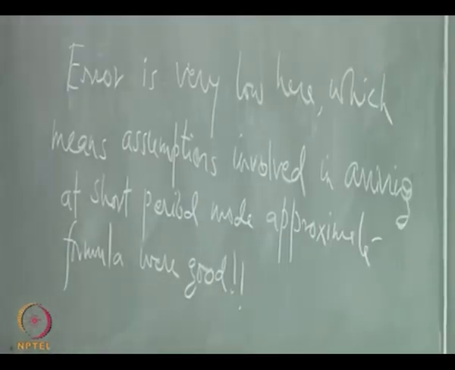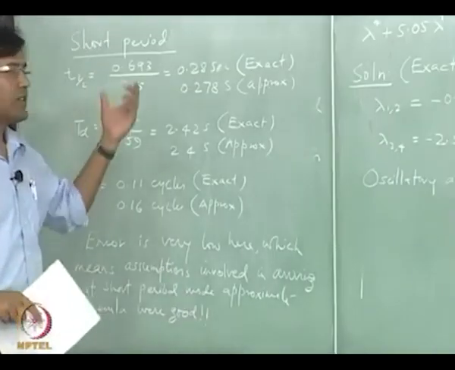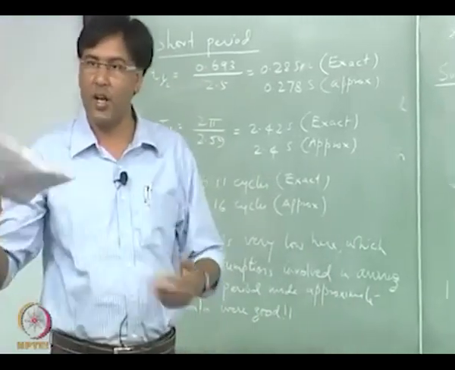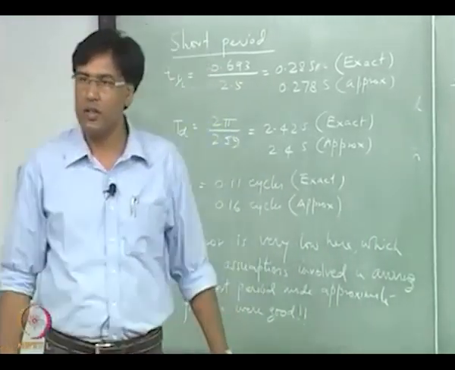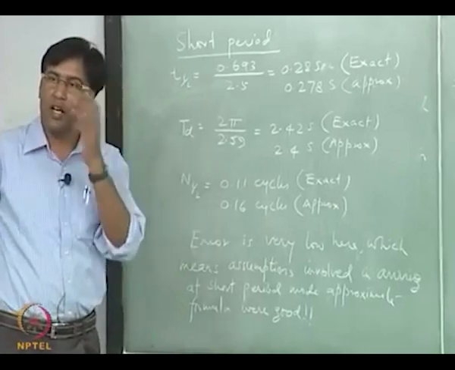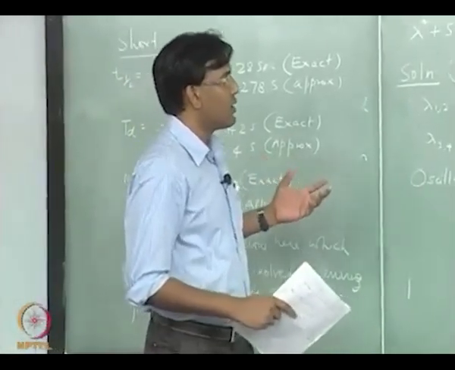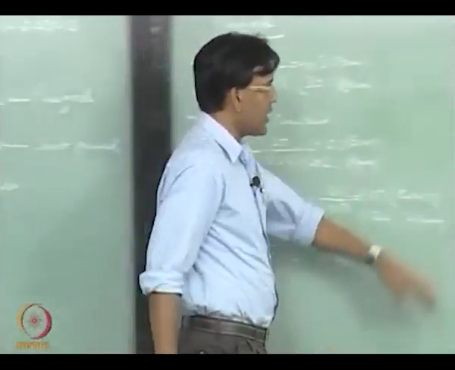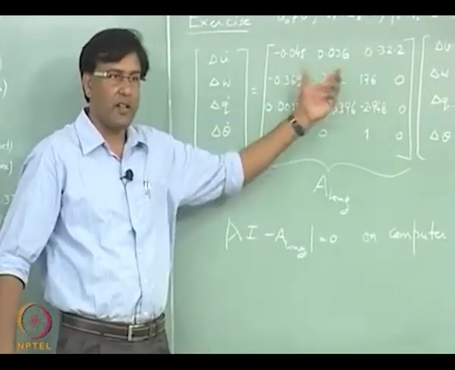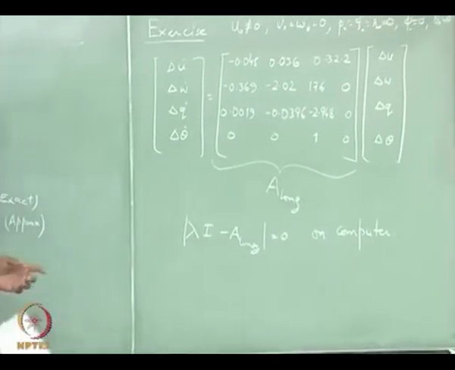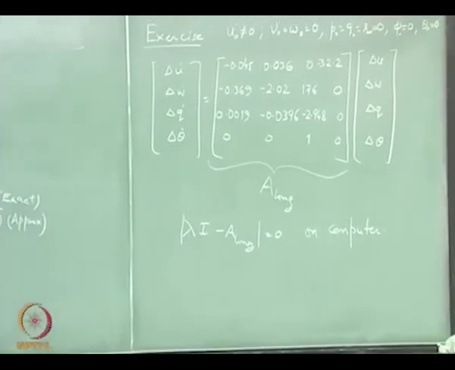Now, if you want to find an exact formula for both of them together, then you know that you have to solve a quartic equation using symbolic tools. Let us say I am able to retain all the parameters, not giving them any number, and then want to arrive at expressions for the eigenvalues of the short period mode and the phugoid mode.